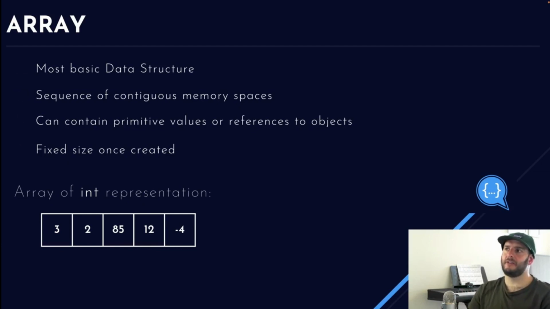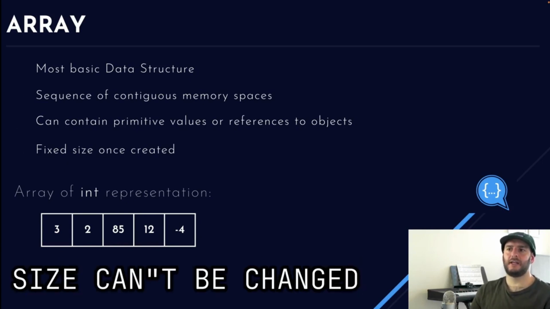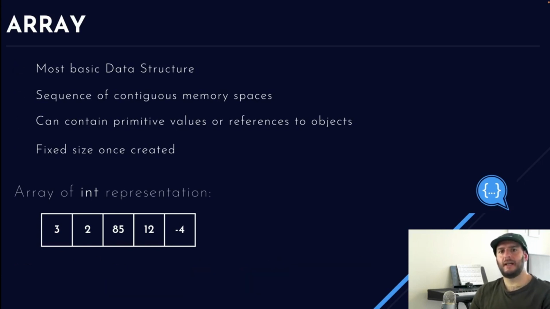So for example, if I create an array of size 5, I cannot change the size in the future. I cannot add new elements. I cannot remove elements. I can change elements. So I can modify them, but I cannot remove them completely. I cannot make it an array of size 4 and I cannot make it an array of size 6 once it has been created with 5.